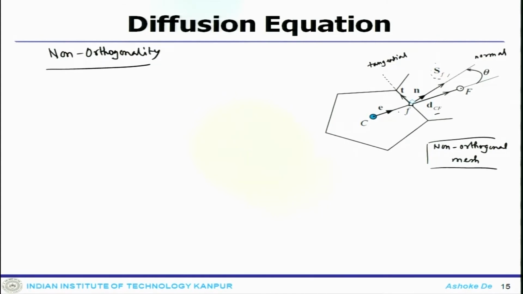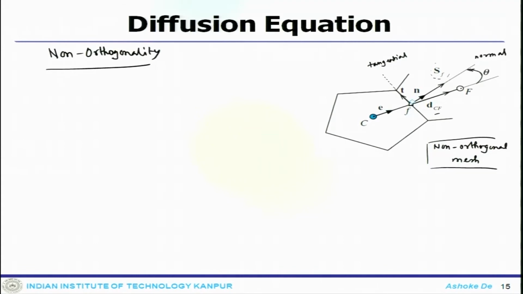Now, this line is also going through the point F at the face. Initially we consider that they are sitting on a line, or rather they are going to be collinear. Then the normal vector is offset by an angle theta from this line. As clearly shown, this is going by an angle theta.